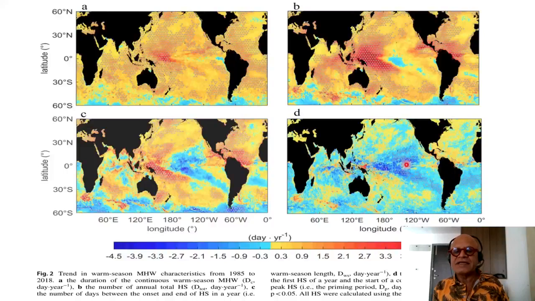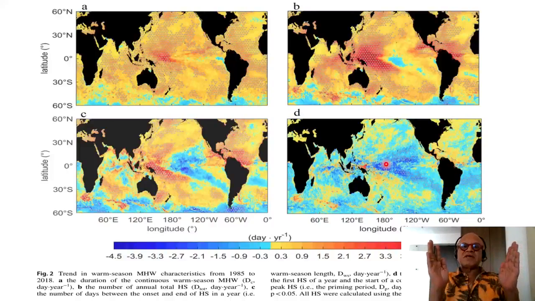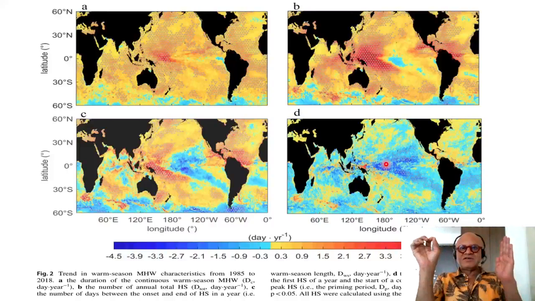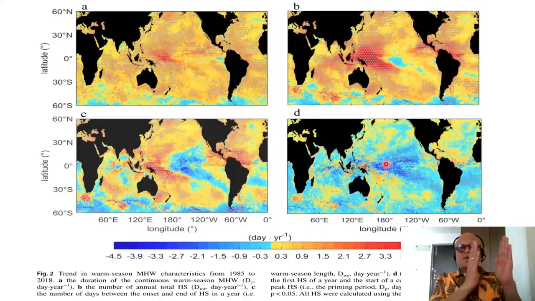So you can see that that has decreased, which is consistent with the fact that overall the duration of the heat waves have increased. So there is no gap between the first exceedance to the first arrival of a continuous HS number of days. Okay, so the heat waves are just kicking off and they are immediately increasing in duration.